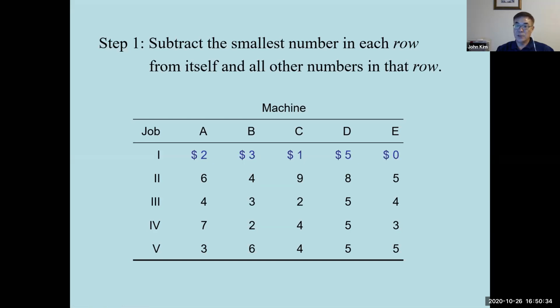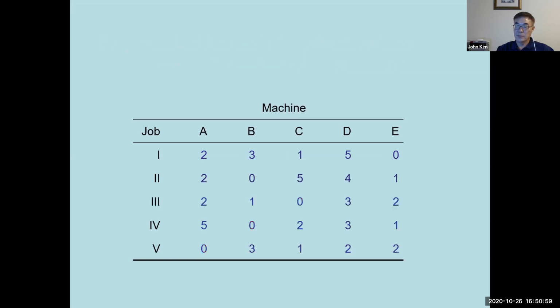Change it like this. And then next row, 4 is the smallest, subtract it from all numbers including itself. And next row, next row, next row, and like this.